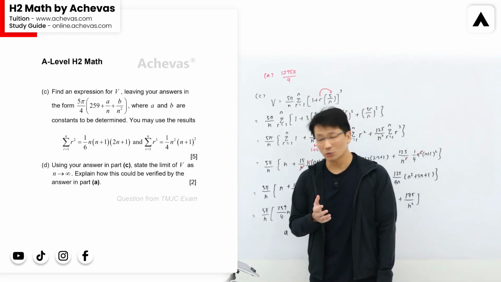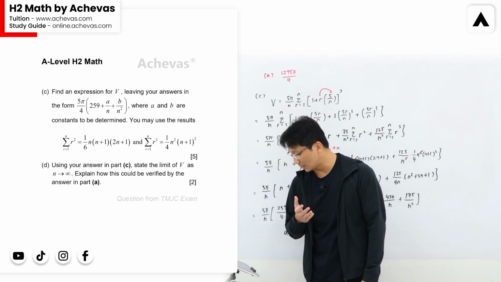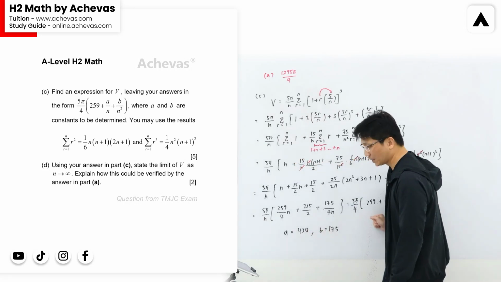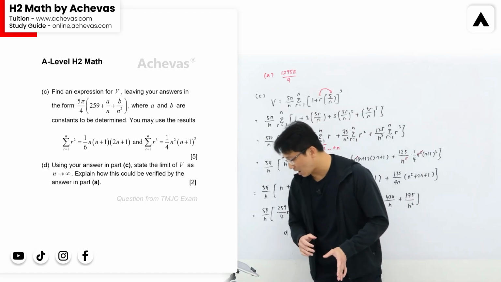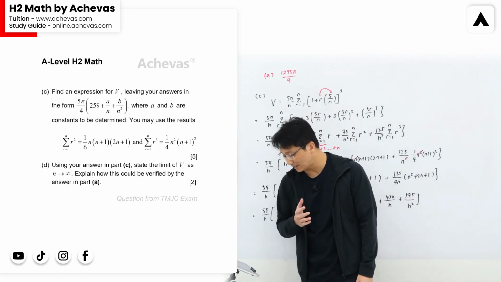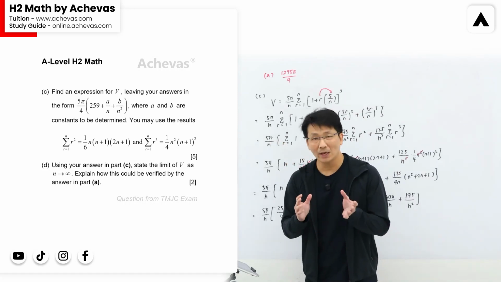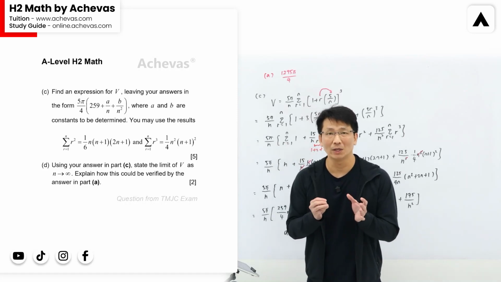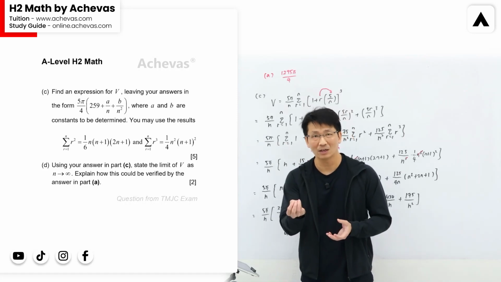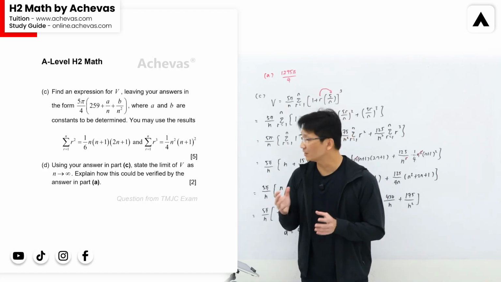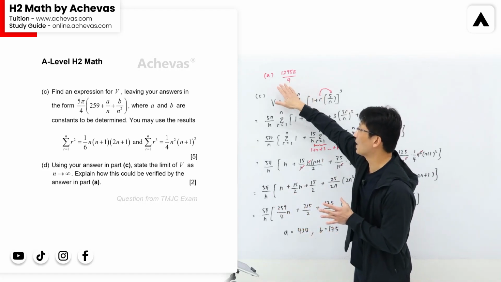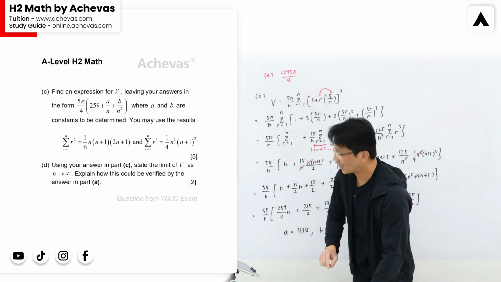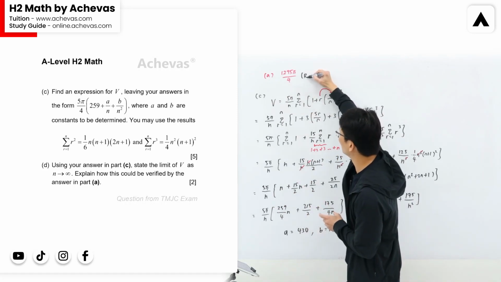As for part D of this question, it says that using your answer in part C, which is this answer here, state the limit of V as n tends to infinity. Explain how this could be verified by the answer in part A. So basically, they are trying to find a connection between our estimation using rectangles and the original result. In this case, the actual volume which we found in part A is this result here, denoted by the symbol V_R.